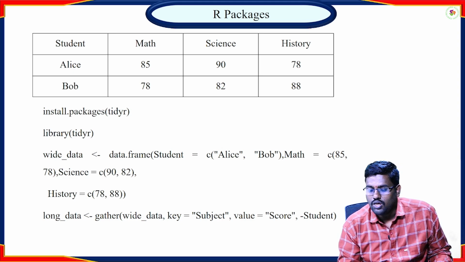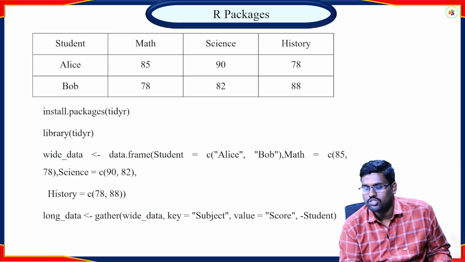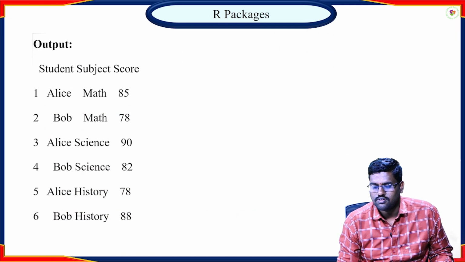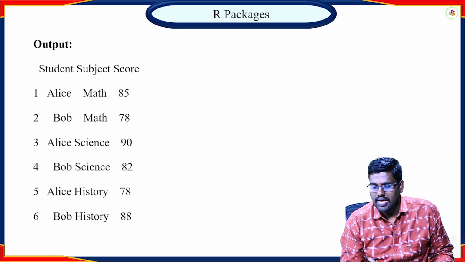Now I will show how the output will be generated. First it will display Alice 85, 90, 78. Next Bob 78, 82 and 88. Like that the values will be displayed. First Alice with math values will be displayed, next Bob with math values.